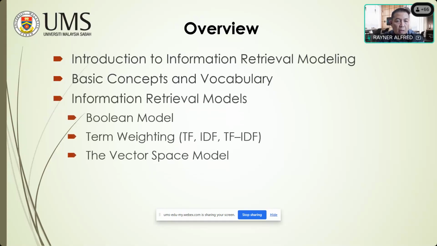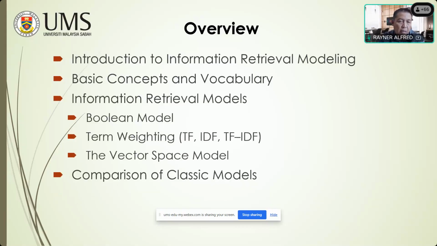Then we look at three models, basically four: the Boolean model, term weighting, which will be expanded to term frequency and inverse document frequency, so basically two, and then the last one is the vector space model.